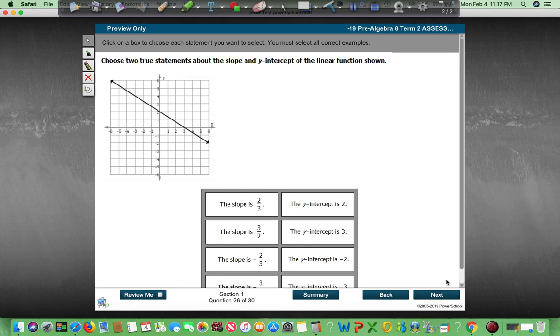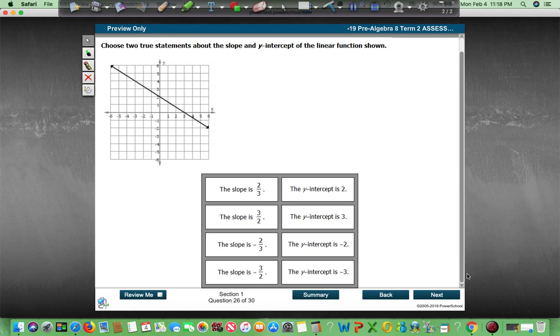Question 26. Click on a box to choose each statement you want to select. You must select all correct examples. Choose two true statements about the slope and y-intercept of the linear function shown.